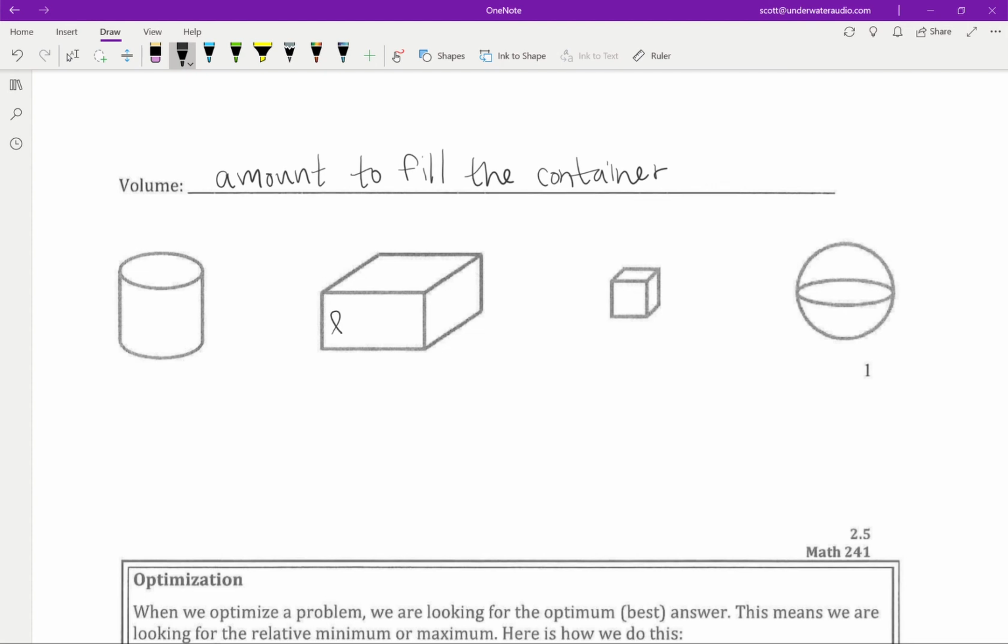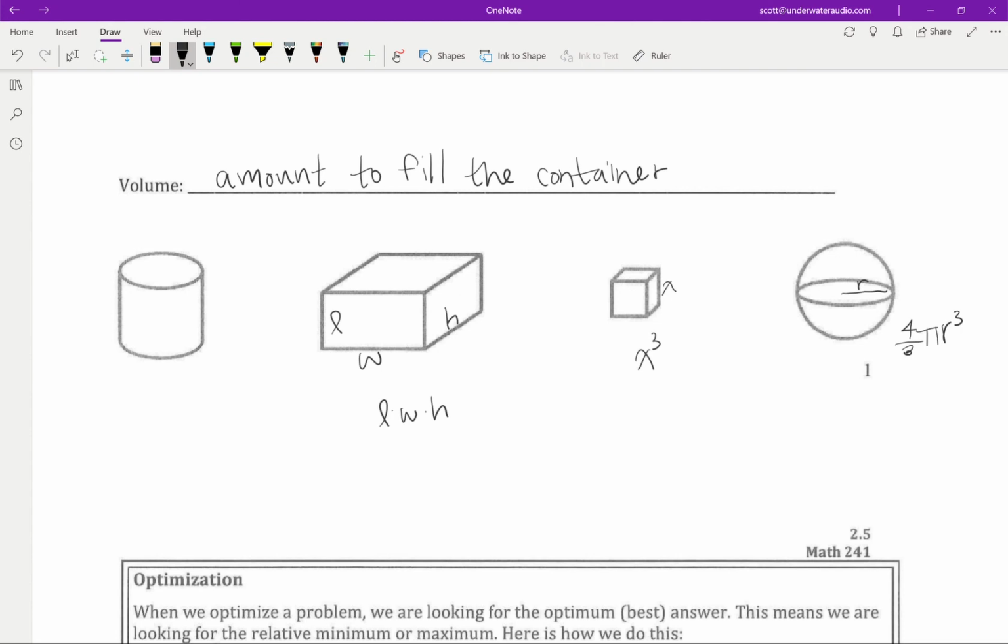If this is L and this is W and that's height, the volume of that is just length times width times height. For a cube, if one of the sides is x, then it's just x cubed. And I just looked this one up because I got it mixed up. A sphere with a radius of r is 4/3 pi r cubed.